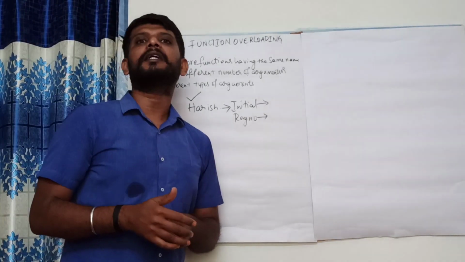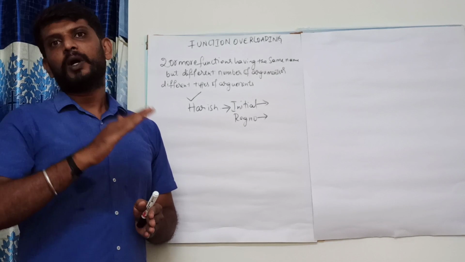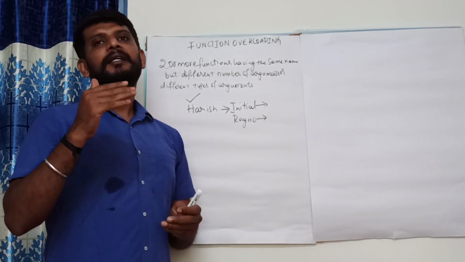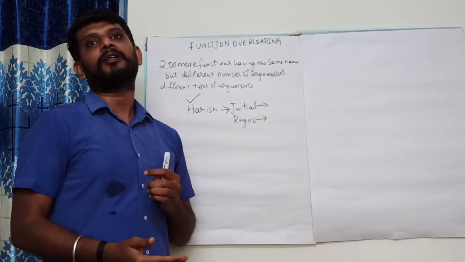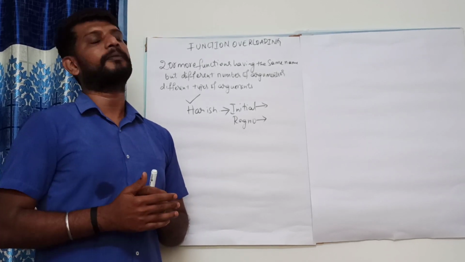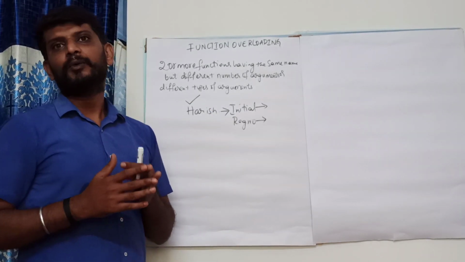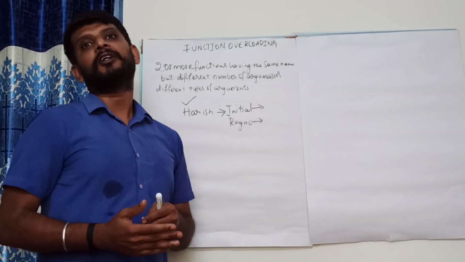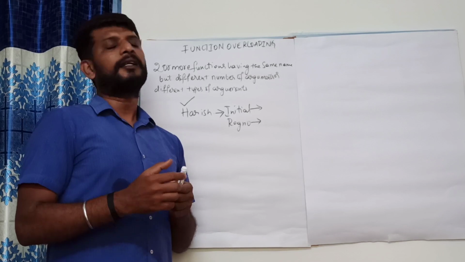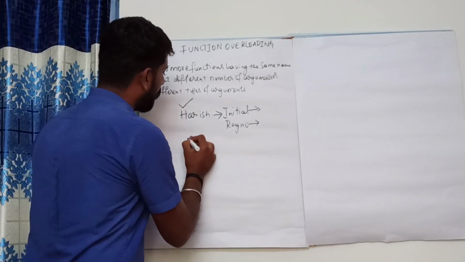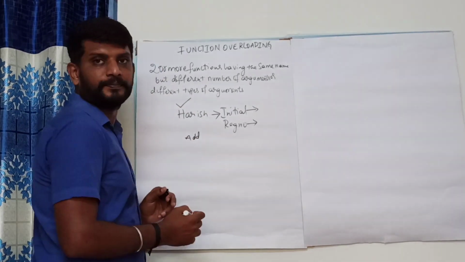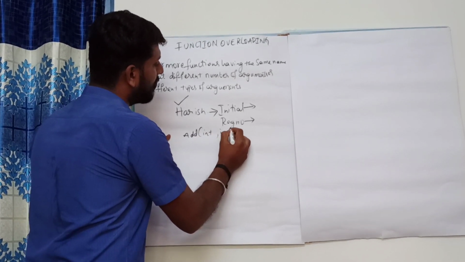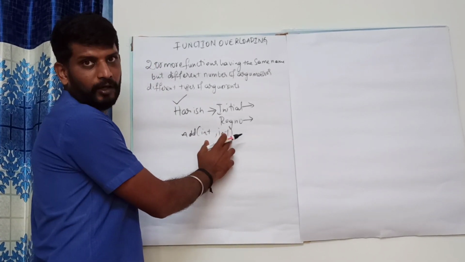So function overloading is nothing but 2 or more functions having the same name but different number of arguments or different type of arguments. Different number of arguments in the sense, let us consider there is a function to add 2 numbers. We will be passing 2 different arguments.